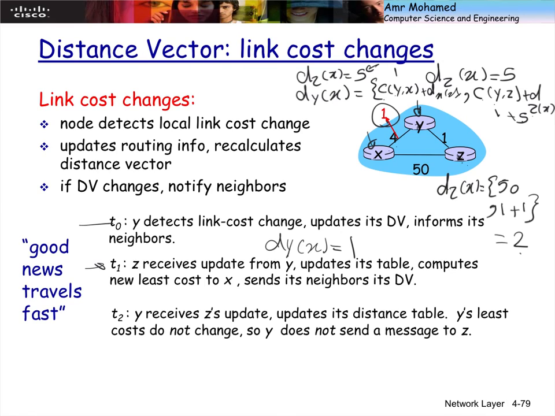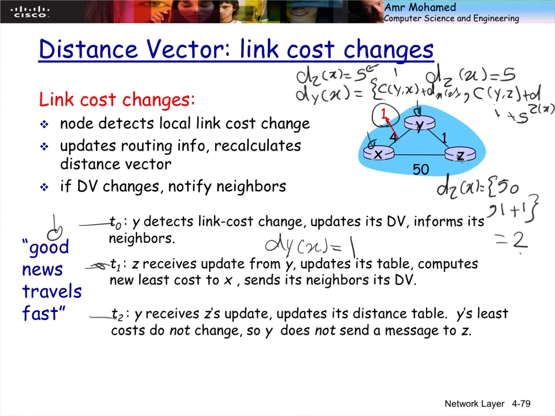So after t0, t1, t2, we have reached it. In 3 iterations everyone will be happy and we have reached the steady state again. In other words, good news travels fast, but still we had to go through 2 iterations to stabilize everyone. The idea here is that because this link got a better cost, this will not change the next hop for any other node, because only one node now has a lower cost.